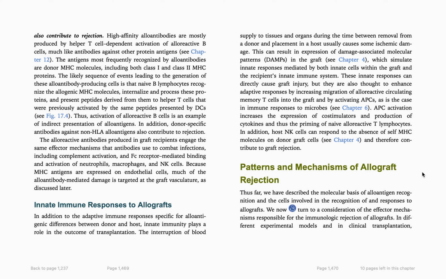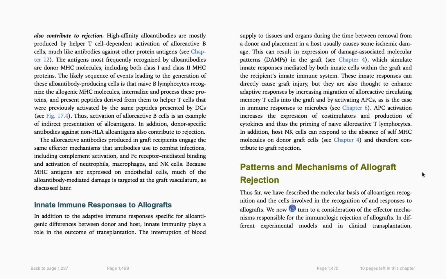Antigen-presenting cell activation increases the expression of costimulators and production of cytokines, and thus the priming of naive alloreactive T lymphocytes. In addition, host natural killer cells can respond to the absence of self MHC molecules on donor graft cells, and therefore contribute to graft rejection.